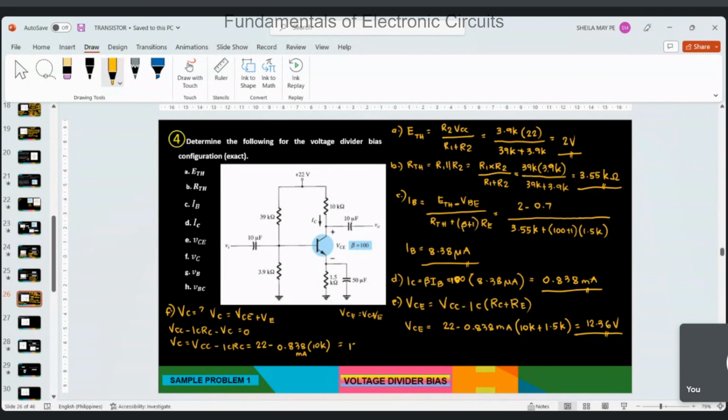Do we have the same answer? Same ra, miss. 13.62. Okay, 13.62 volts.